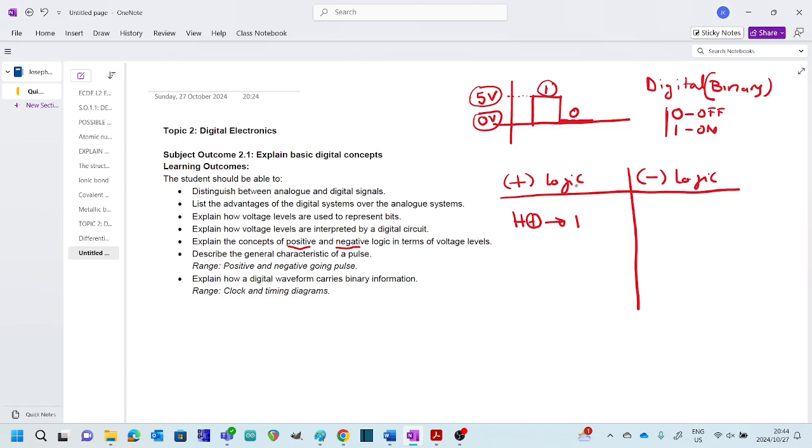When you talk about voltage levels, they always give you 2 different levels, either the highest voltage or the lowest voltage. So in positive logic, the highest positive number automatically has a 1, and the other number has 0. We're going to give an example, don't worry.